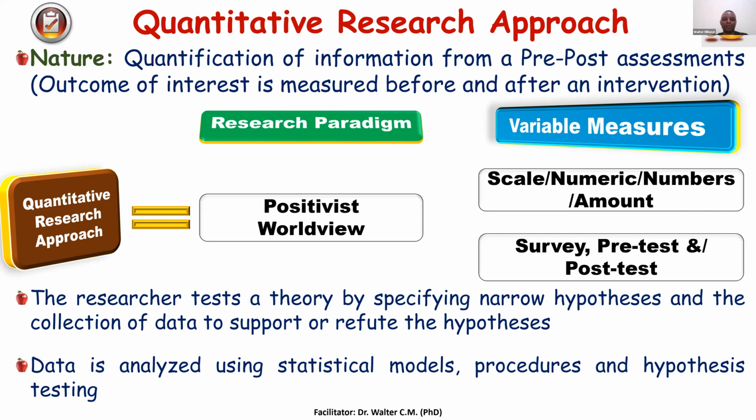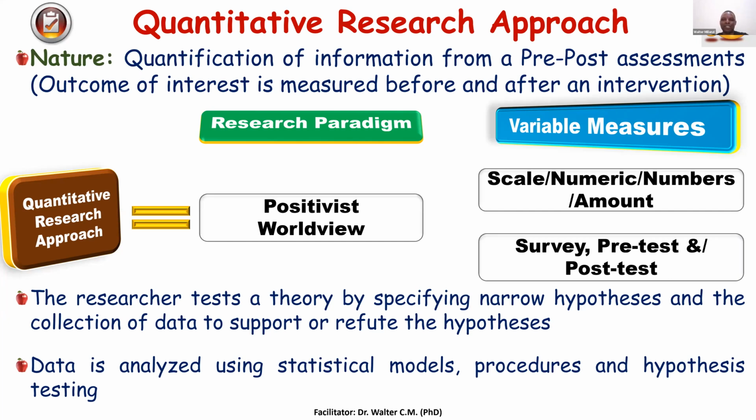This is from the philosophical point of view of the researcher, the research paradigm and then theoretical assumptions. In the research paradigms, the quantitative research approach is found within the positivist worldview, or positivist research paradigm, the positivist research lens.